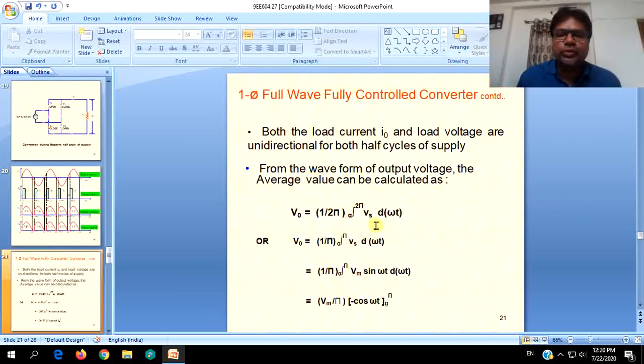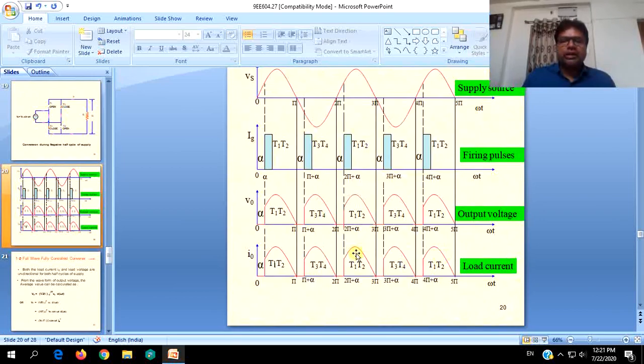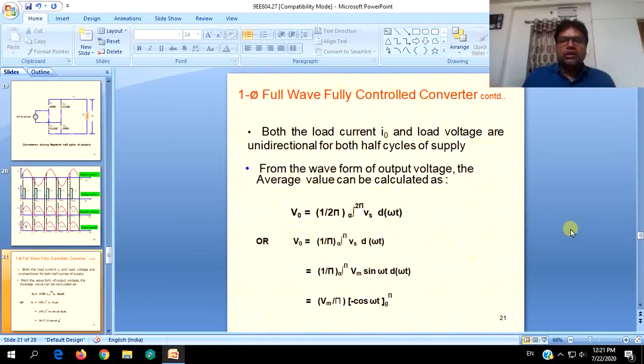This can also be written as the integral from alpha to pi of Vs d omega t plus the integral from pi plus alpha to 2 pi of Vs d omega t. Ultimately, because they are symmetric and of equal values, it can be taken as simply, for a given half cycle, 1 by pi times the integral from alpha to pi of Vs d omega t.